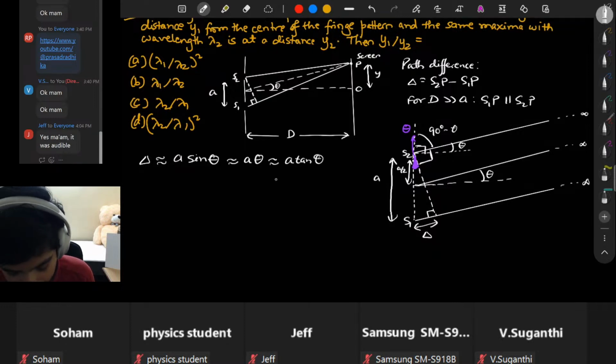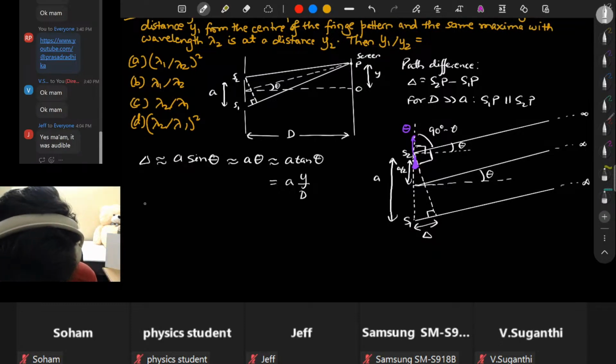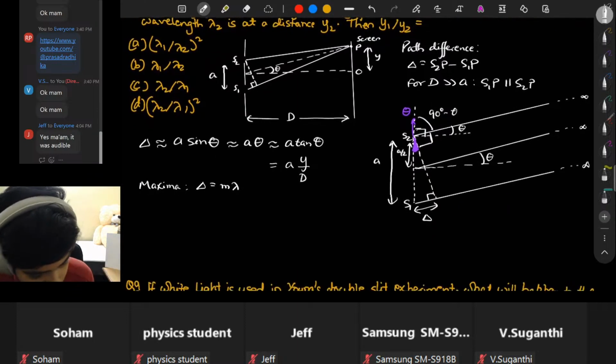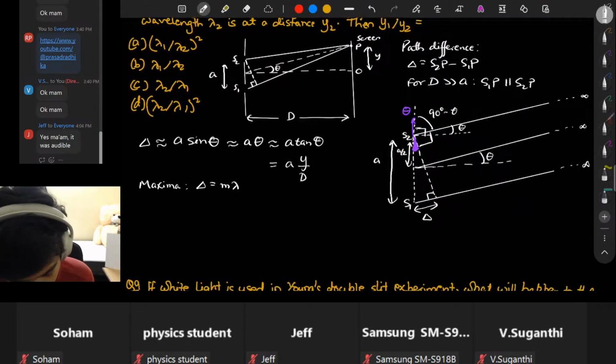And tan theta is nothing but y over D. So for maxima, the path difference should be equal to m lambda. And the path difference is A y over D.